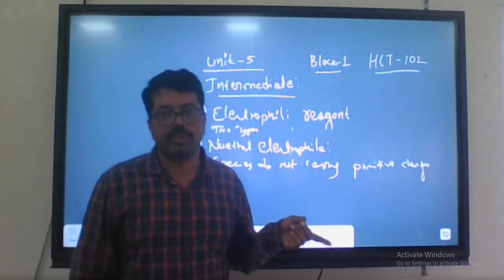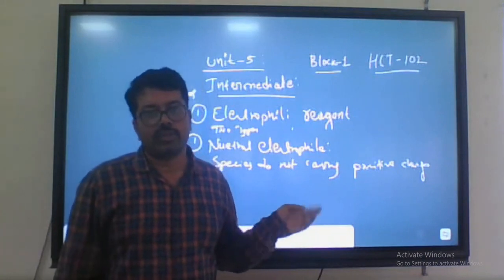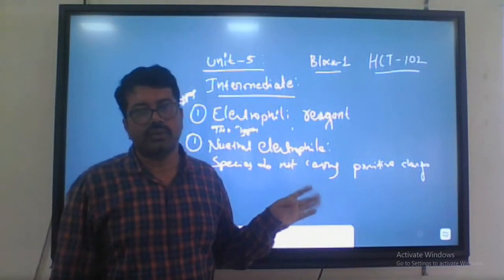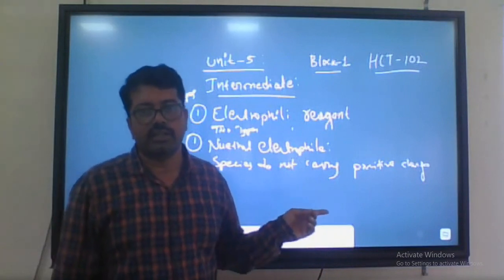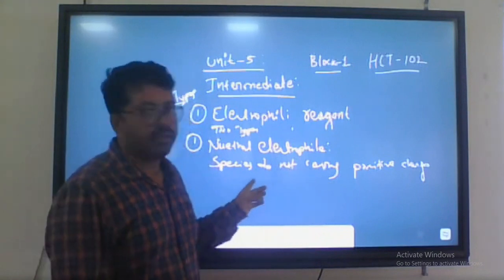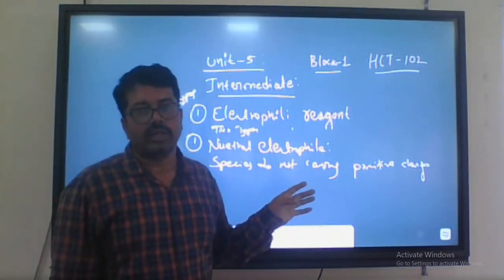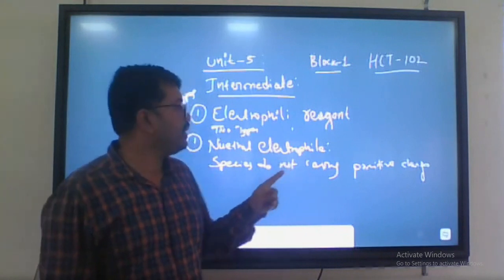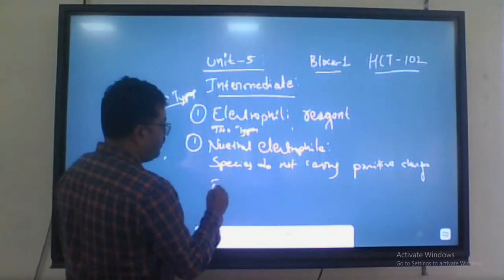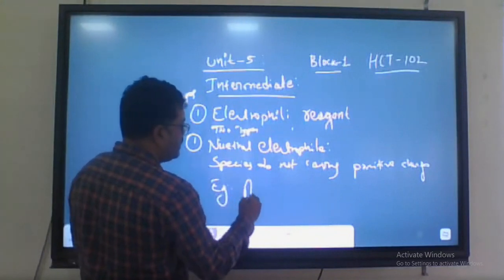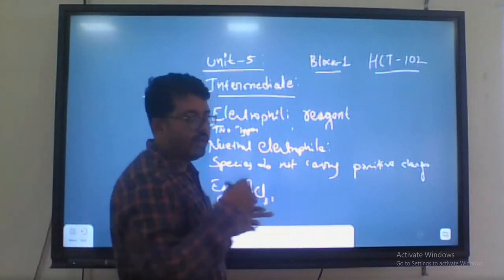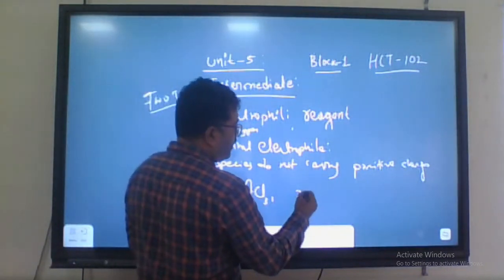These have empty p orbitals, so they have empty valence orbitals. For example, Lewis acids such as aluminum chloride, bromine, iodide.